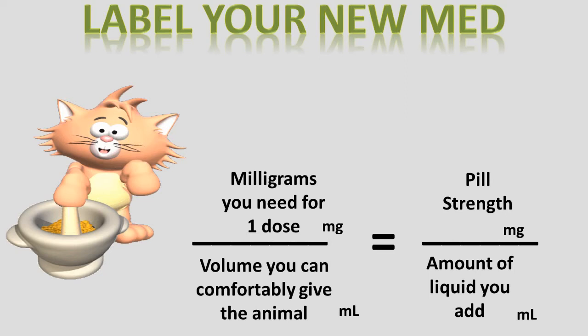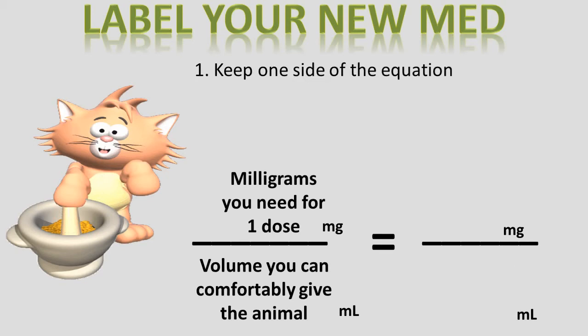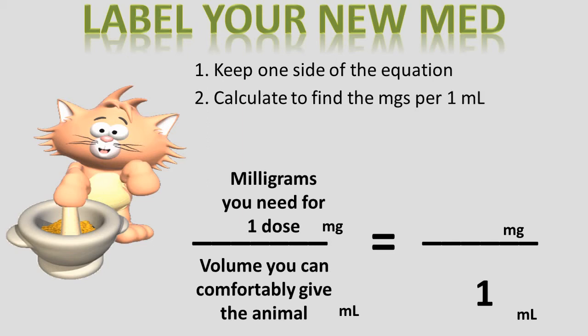You want to label it as a number of milligrams per 1 milliliter. You do this by doing a second calculation. You can keep either side of this equation, it doesn't matter, because they're equal, so eliminate one side. On the opposite side, put the number 1 on the bottom, and cross-multiply again. This gives you the milligrams per milliliter.